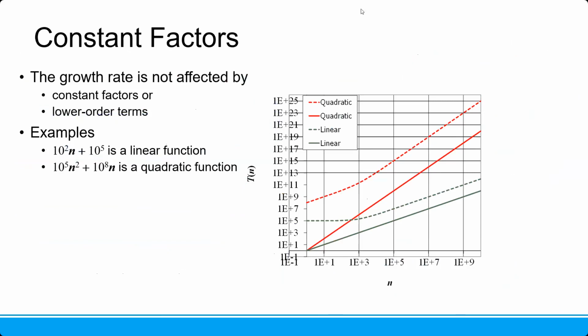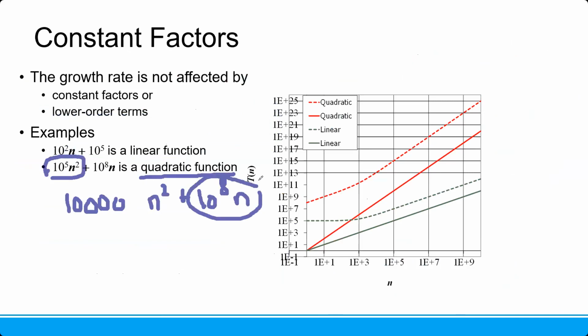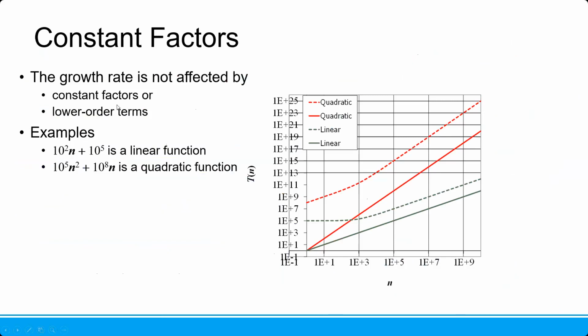The second one, 10^5, means 10,000 multiplied by n^2 plus 10^8 n. This is a quadratic function. We will disregard the lower term; we just want to find the highest order. So the lower order terms do not affect the result. That's what we call the constant factors and the lower order terms.